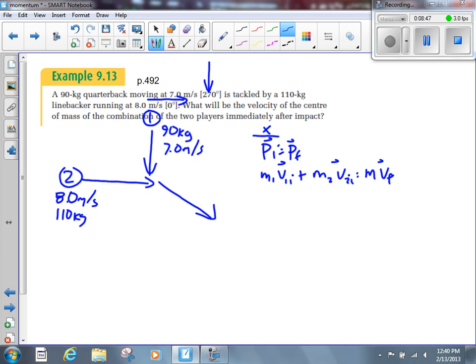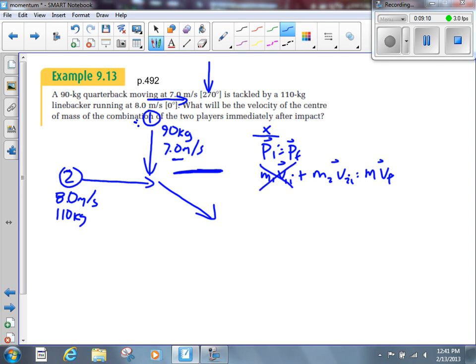Not 7, but you're getting closer. 0, right? Why is it 0? How much of that 7 meters per second is on the x-axis? None of it, right? So we're going to say that v1i is equal to 0.